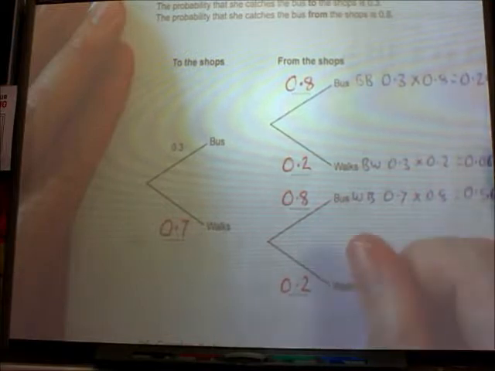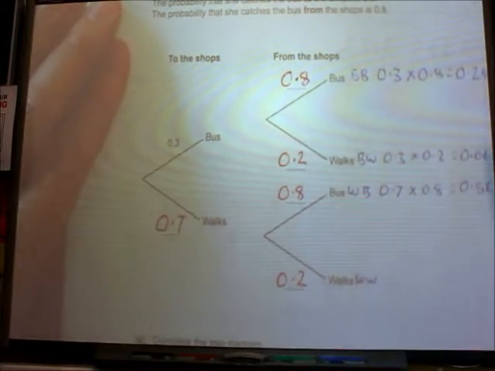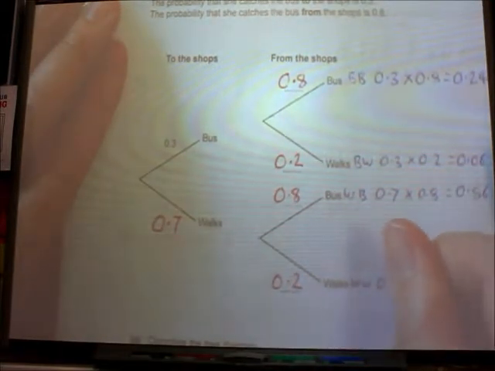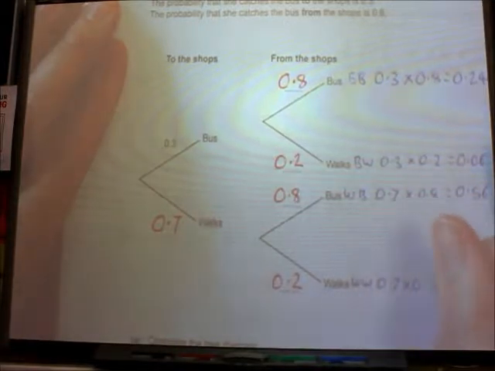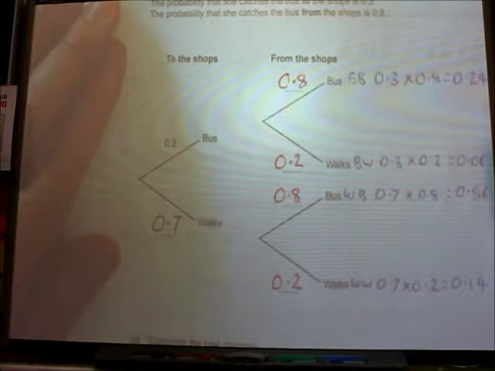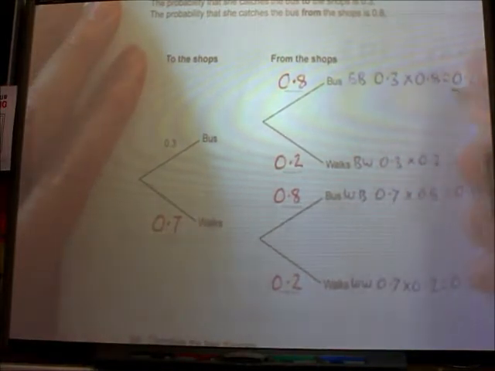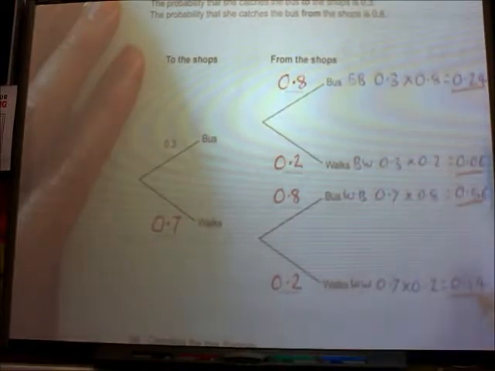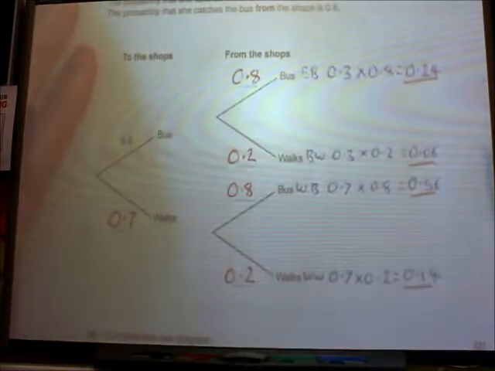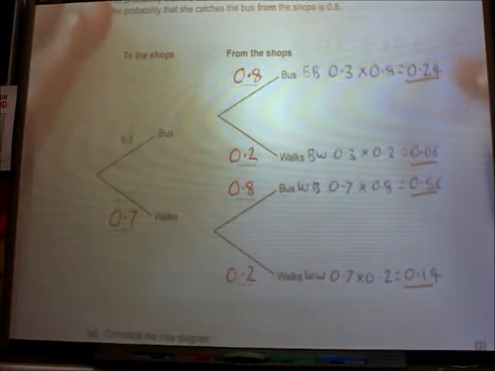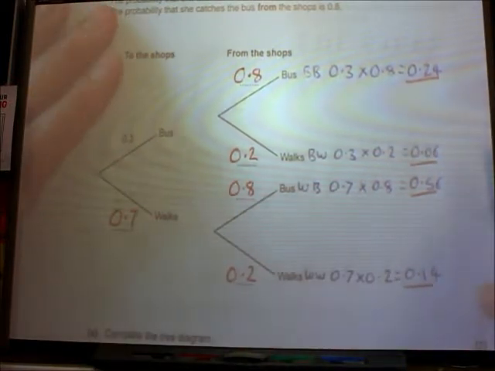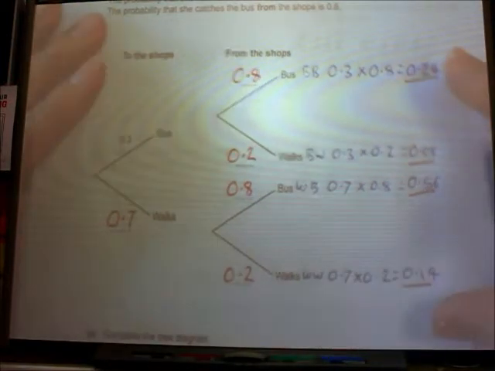And the last one is walk both ways, so it's 0.7 times 0.2, which is 0.14. Right, all of these ones I've just worked out must add up to 1, because there's no other ways she can go to the shops and home from the shops. I've got all the combinations there.